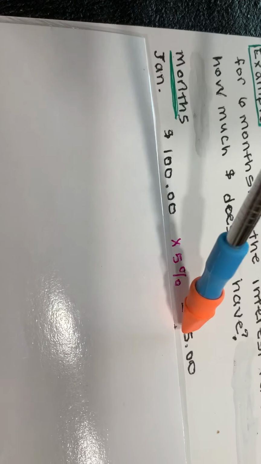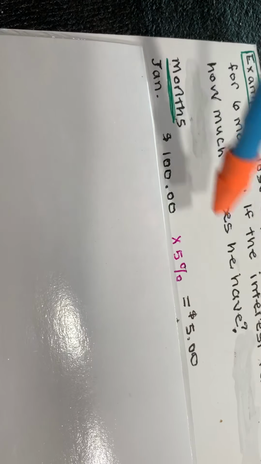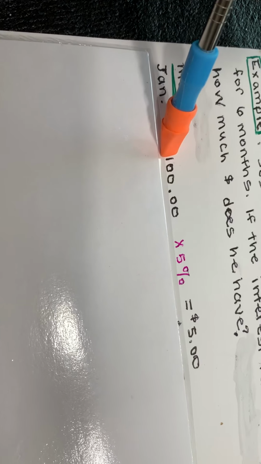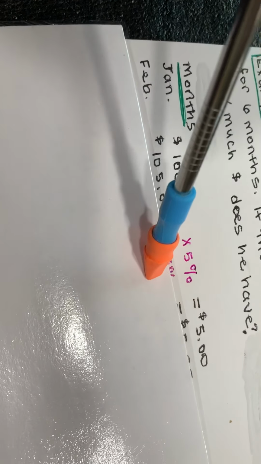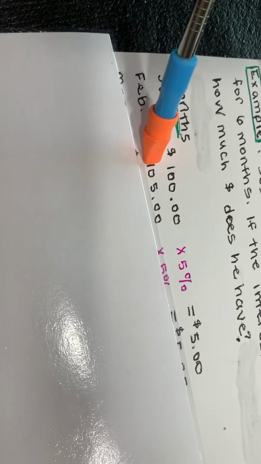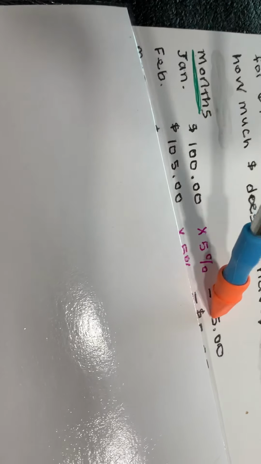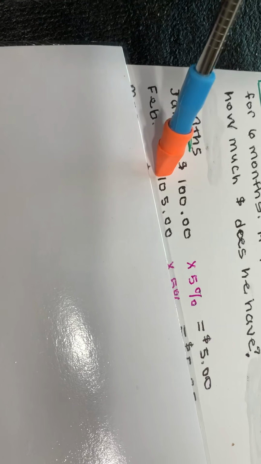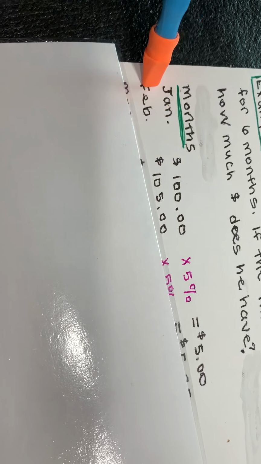So the bank is going to give you $5 on top of the 100 that is already in there. So I take 100 plus that 5. In February, now I have 105. Remember, the bank gave you $5. You started with 100. So now you're at 105 for February.